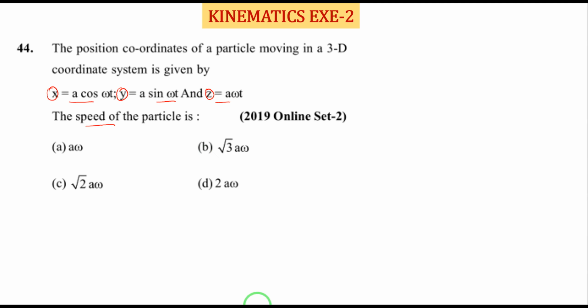What is the velocity on the x-axis? Differentiate x, dx upon dt. So here it is cos omega t minus a omega sin omega t.